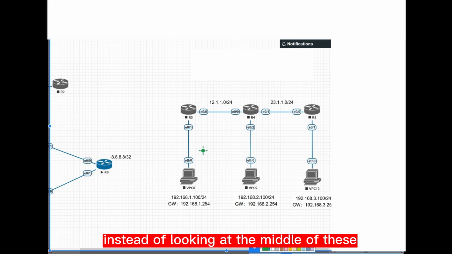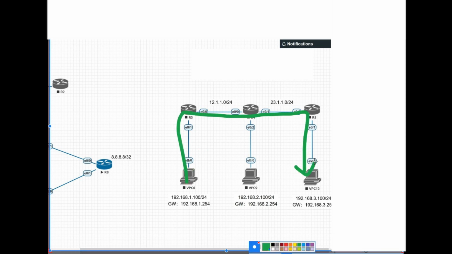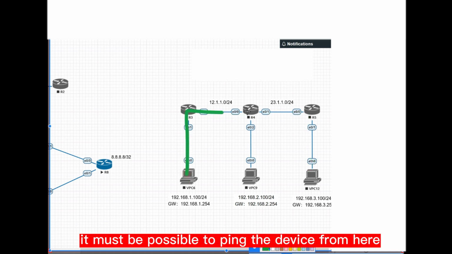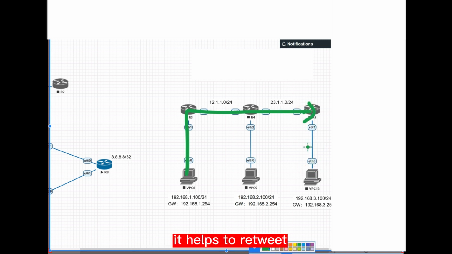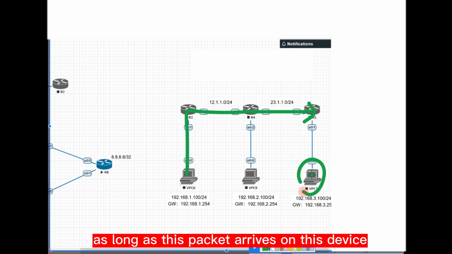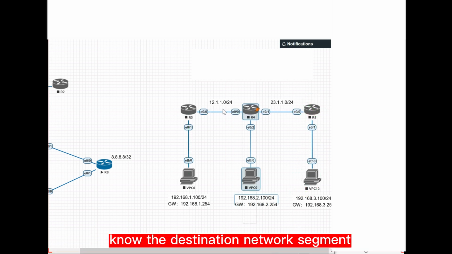Instead of looking at the middle of these, although the data is forwarded through this link, it doesn't mean it must be possible to ping the device from here. The data is just passed through. It helps to forward. As long as this packet arrives on this device, it knows the destination network segment.